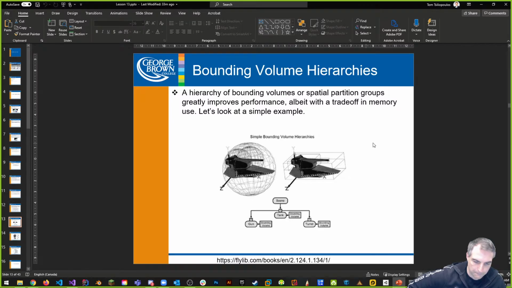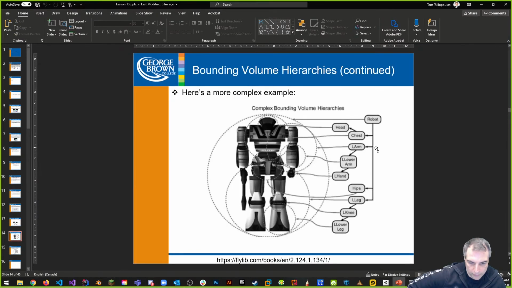Okay? Then we might have more complex bounding volumes. For example, if we had, let's say, a three-dimensional mech warrior of some kind, right? Where you might have the head, and you might have the chest and another bounding volume. Notice that we're using spheres here, right, to encapsulate some of these areas, but this is a much more complex bounding hierarchy.